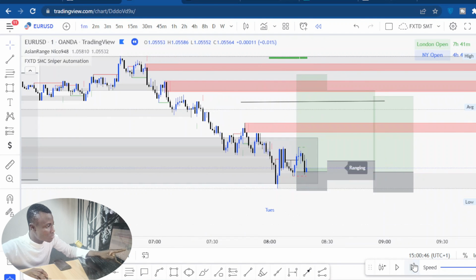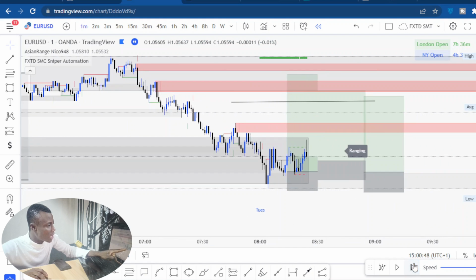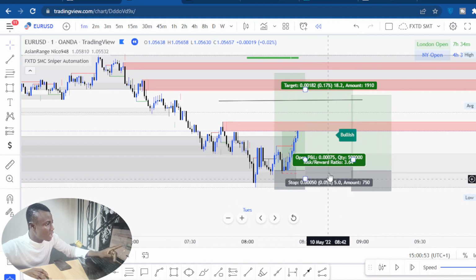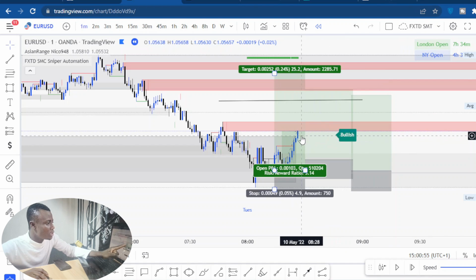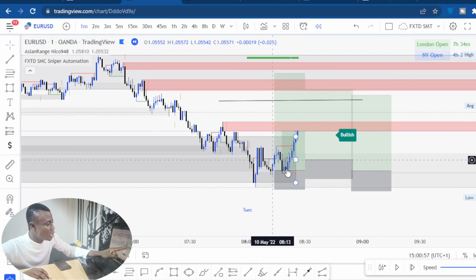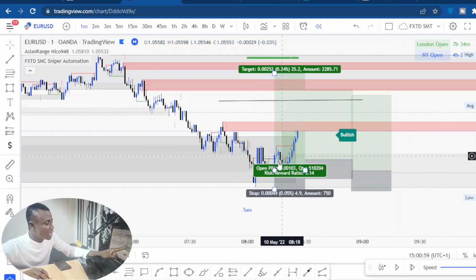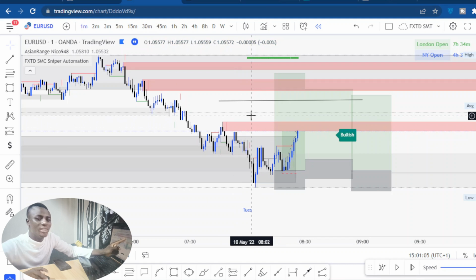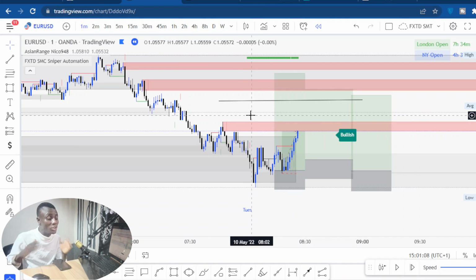So if we play this now, we can actually see that the indicator has given us a bullish move. But before it gave me this bullish move, I had already entered a position here, already running in profits. I was expecting that price should just go up, but it doesn't happen just like that when it comes to forex trading, right?